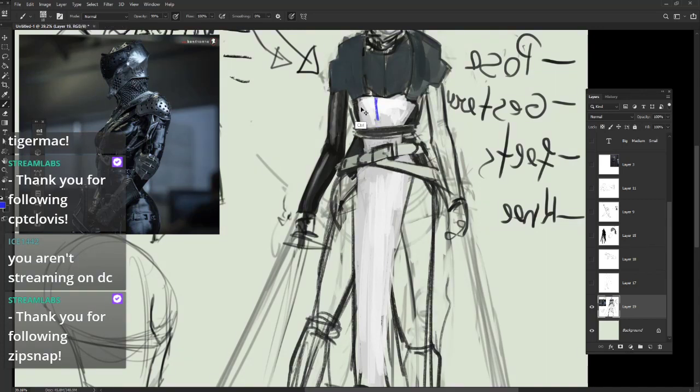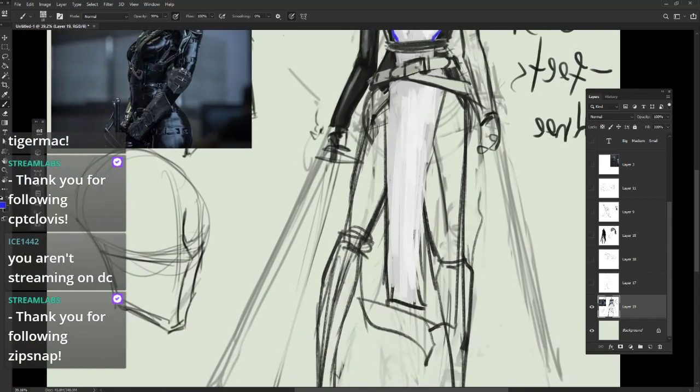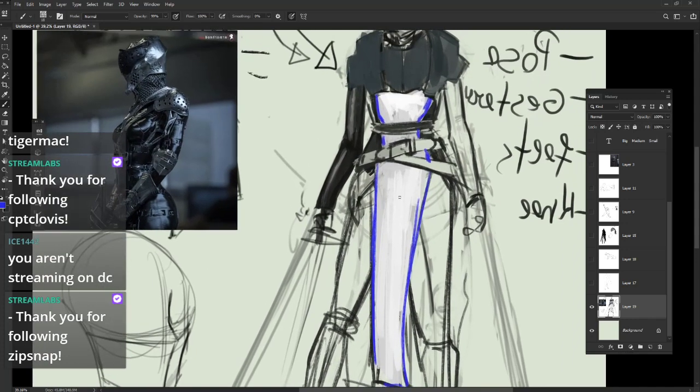Let's change the outline. It goes down, goes up, goes down. And probably here something really, really big.